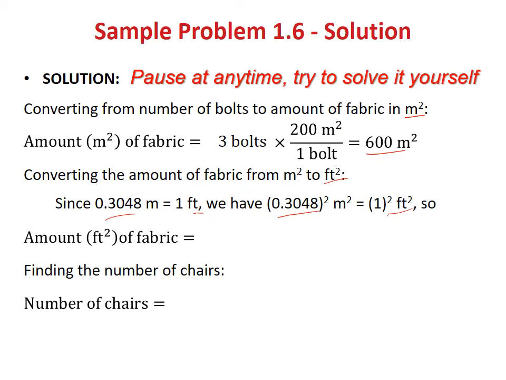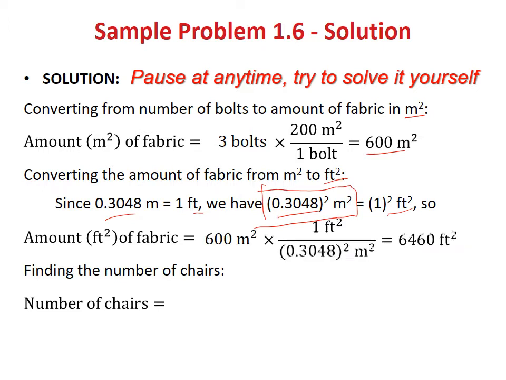Because we want to cancel meter squared, the left side meter squared should be the denominator. So here you times 1 foot squared per 0.3048 squared meter squared. So cancel meter squared, and you use 600 divided by 0.3048 squared, and that gives you 6460 square feet.